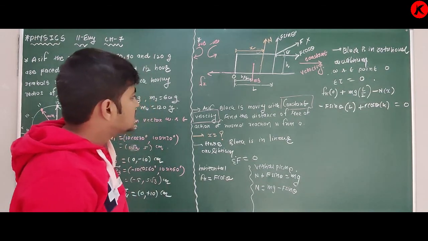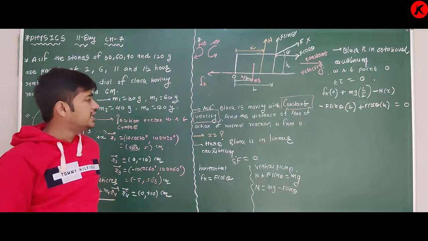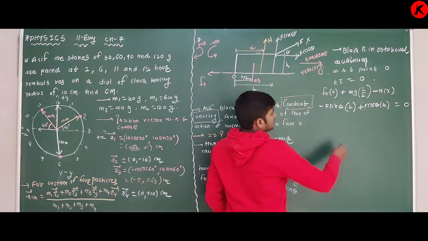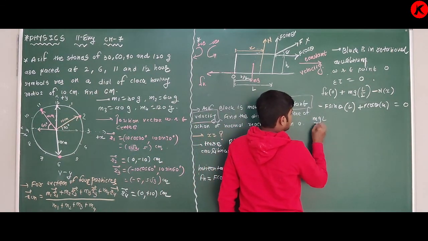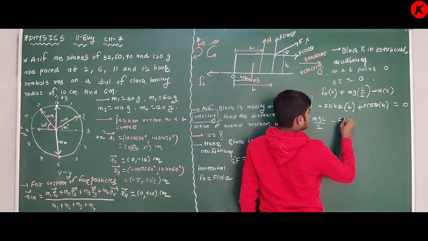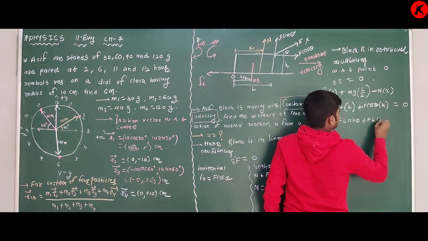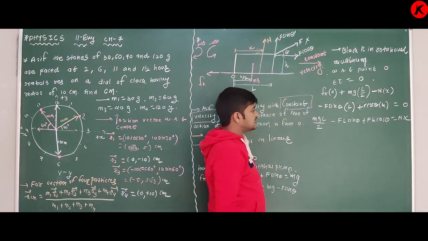So again you have to remember the concept of torque: which torque you have to consider positive, which torque negative. Now as you have to find X, I will write Nx on the opposite side and the whole term as it is: mgL by 2 minus FL sin theta plus FH cos theta is equal to Nx. Now make x the subject.